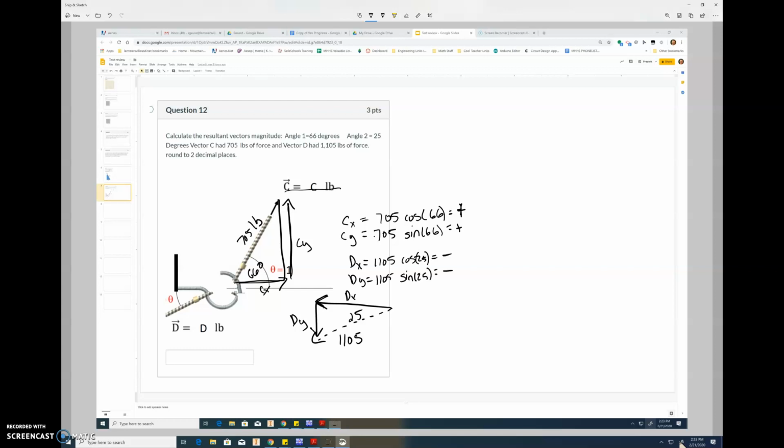Let's take a peek at what those values are. Put those in my calculator. Make sure that your calculator is in degree mode.